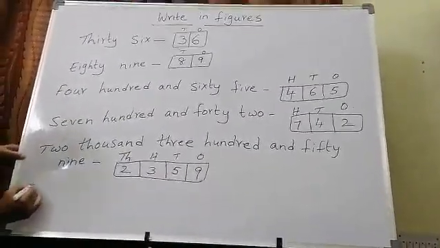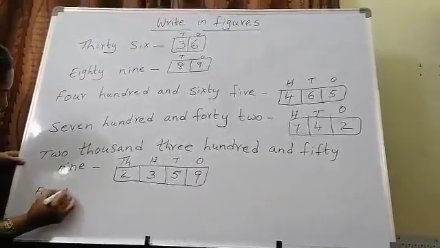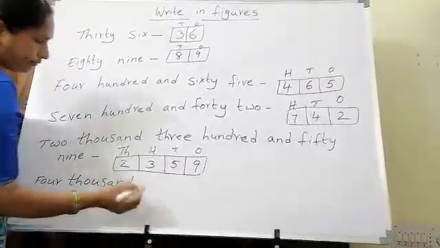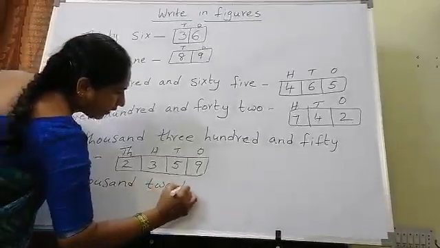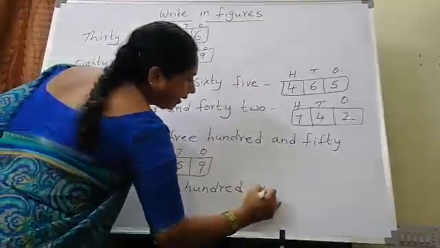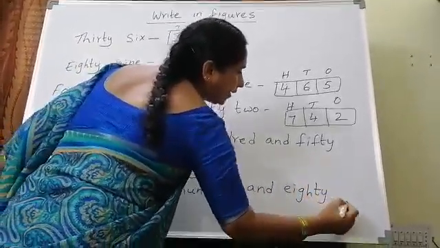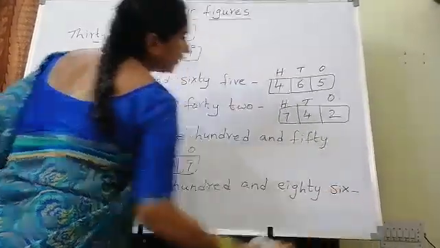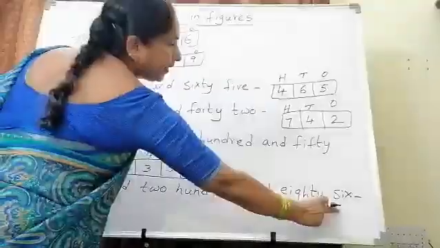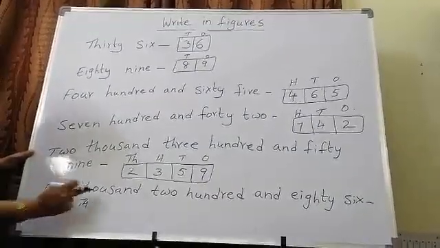Another example. See here. FOUR THOUSAND, TWO HUNDRED, 100, 200 and EIGHTY, 80, SIX, 6. 4,286. Again, if you write the place values, it will be easy for you.